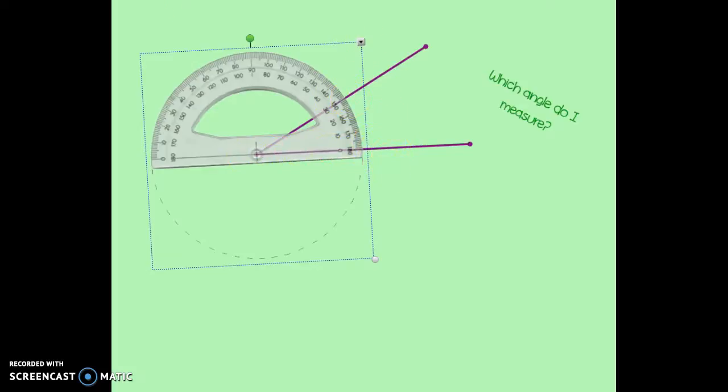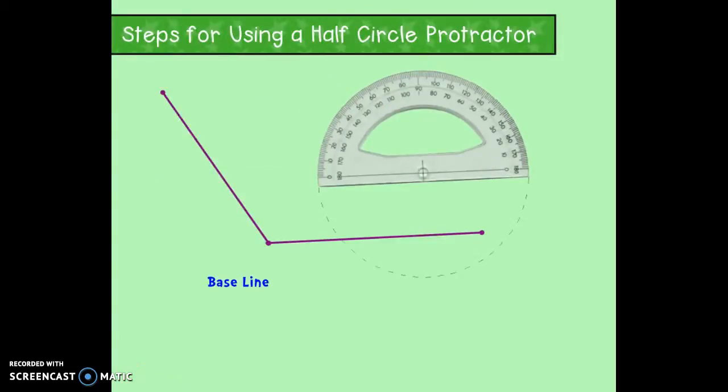Now I can measure this angle, but I have to be careful because there are two sets of numbers here. If this is starting at 0, I know this is an acute angle. It's either at 30 or 150. Well, 150 I know is an obtuse angle, so it must be the 30. I also know this is correct because if I start counting from 0, 0, 10, 20, 30, this angle is 30 degrees.